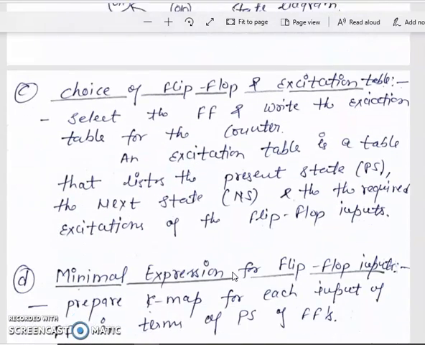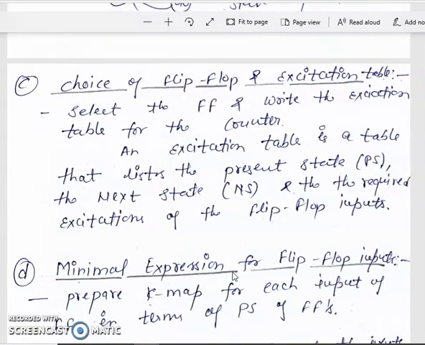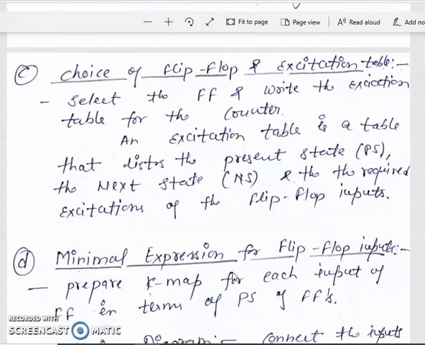Next is the choice of flip-flop and the excitation table. We select the flip-flop and write the excitation table for the counter. The excitation table consists of the present state, next state and the required input or excitation of the flip-flops.